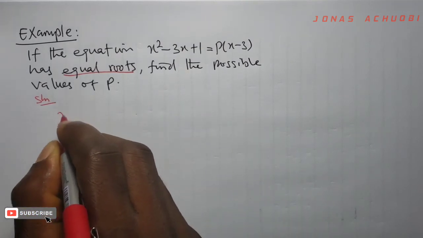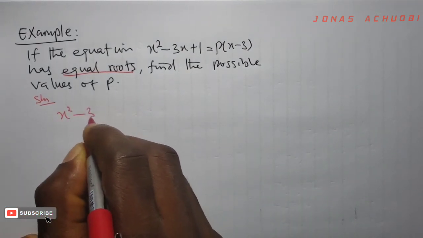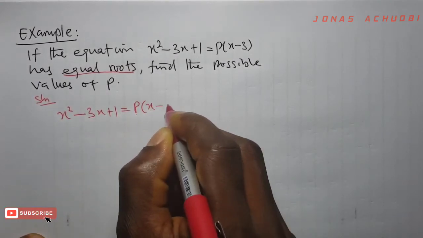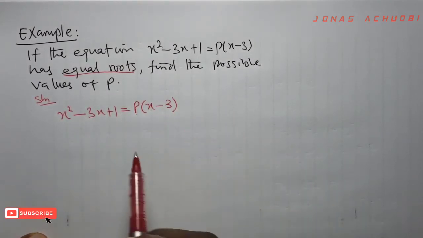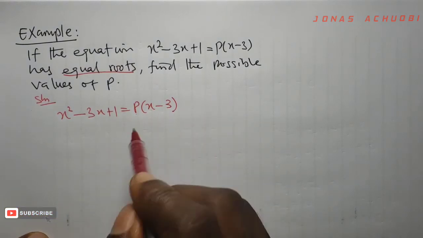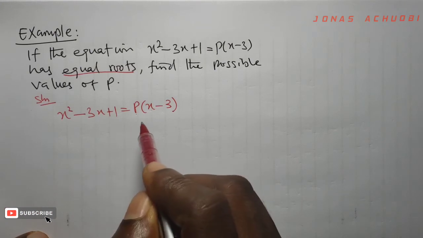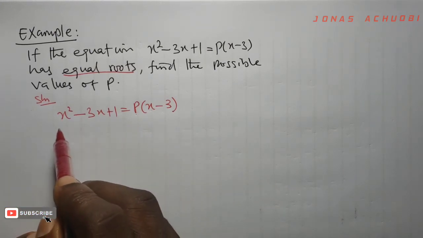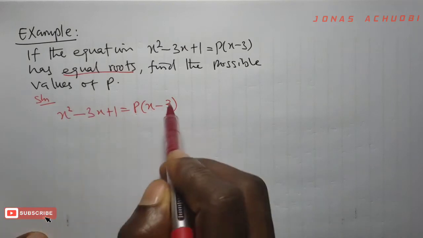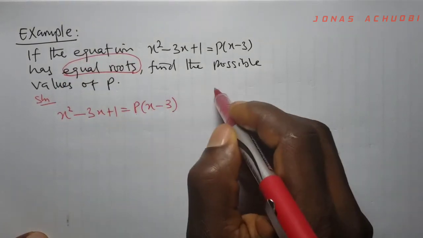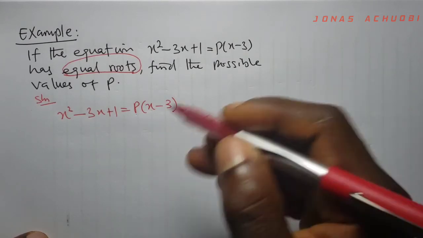We're given the equation x squared minus 3x plus 1 equal to p into x minus 3. We are asked to find the possible values of p. But what we have been told in this example, which is going to be our guiding principle, is that this equation has equal roots. And when we say equal roots, we are saying repeated roots.